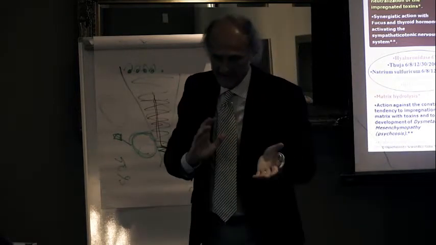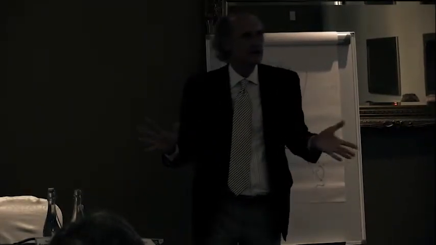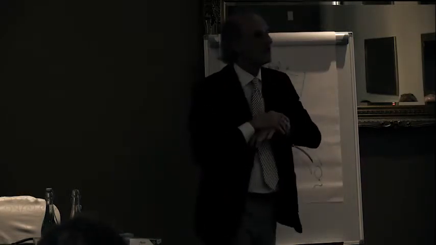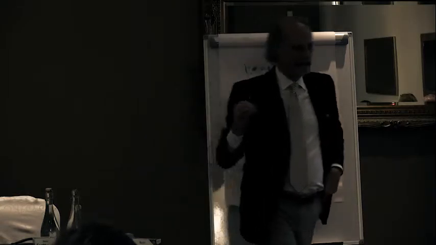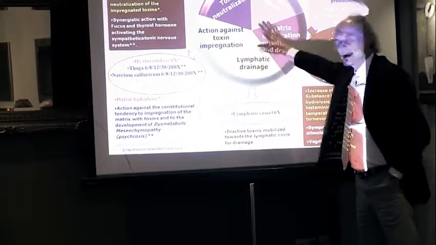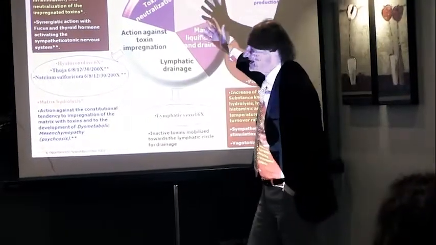Actually, in 90% of the protocols, we always use GUNA Matrix because it increases the efficacy of every other medication. I think that this is the best anti-aging therapy. You can understand easily.